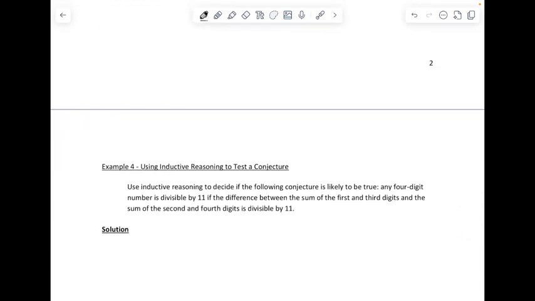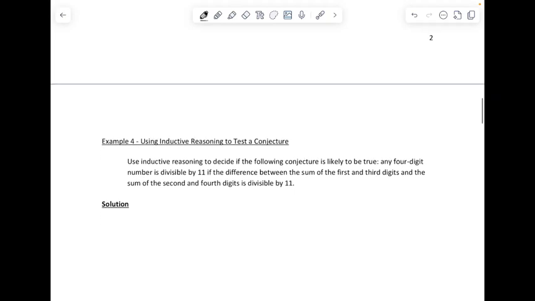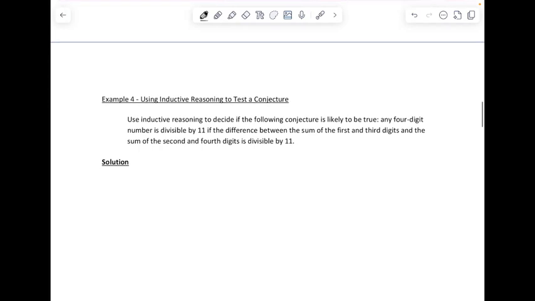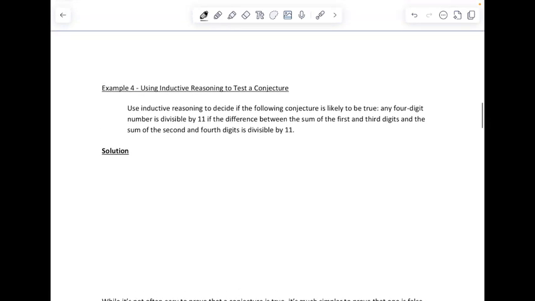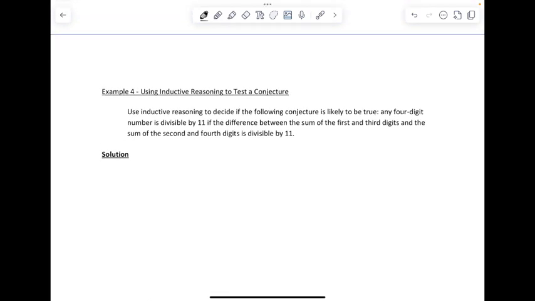Use inductive reasoning to decide if the following conjecture is likely to be true. Any 4-digit number is divisible by 11 if the difference between the sum of the first and third digits and the sum of the second and fourth digits is divisible by 11. Well, let's make up a few examples. Let's start with 1,738.